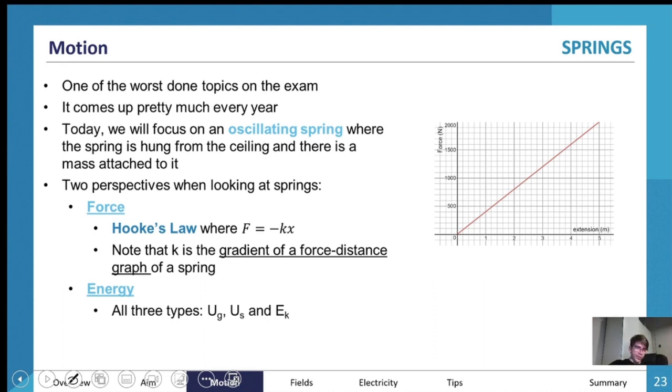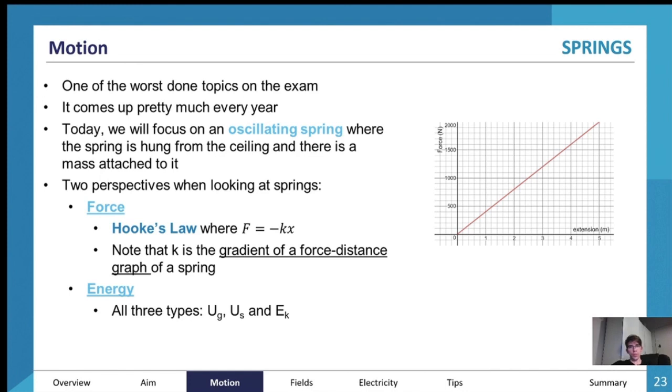Now, Hooke's law, springs. The next big thing. When it comes to studying springs, things can get very tricky. The main equation to know about springs is that force is equal to negative k delta x.